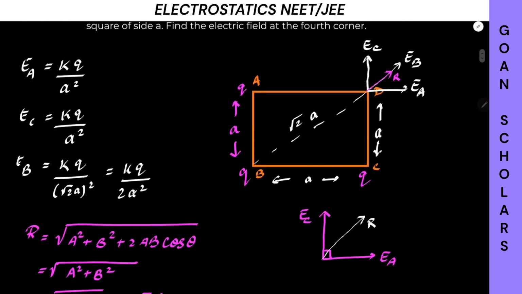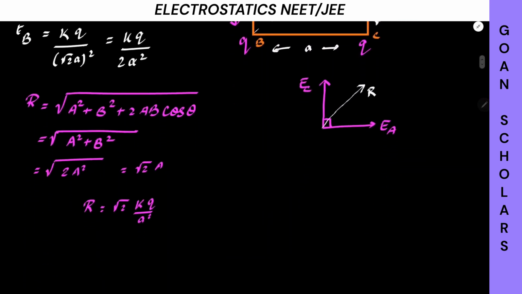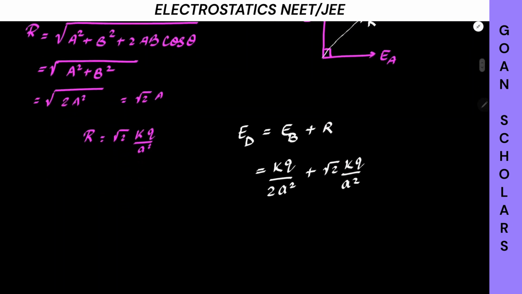So what will be the net effect of the whole thing? What is the net force at D? Sorry, electric field at D. So the net electric field at D will be EB plus the resultant of both the electric fields. So the net electric field is EB, which is KQ by 2A square, plus the resultant, which is root 2 KQ by A square, correct?